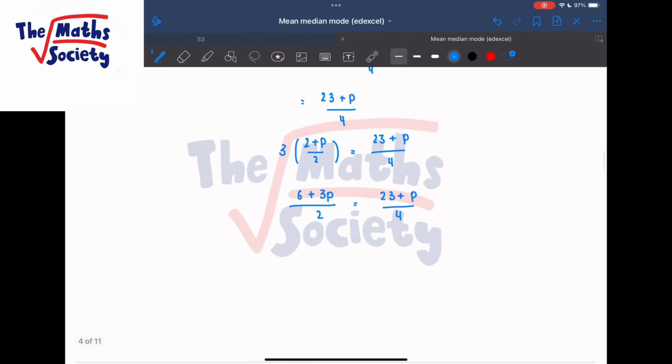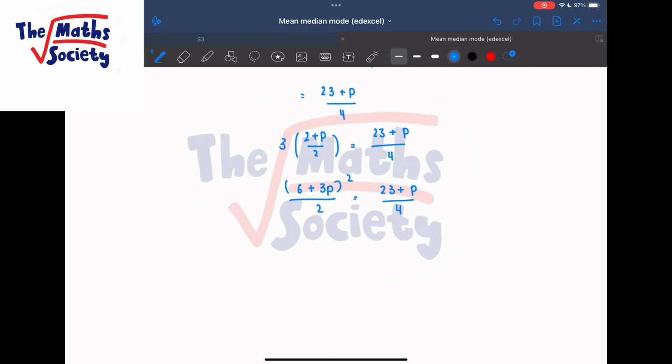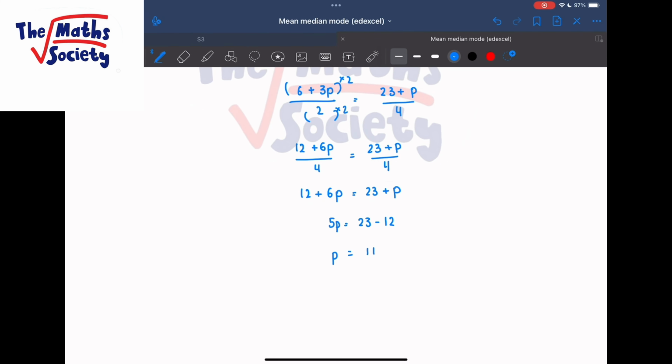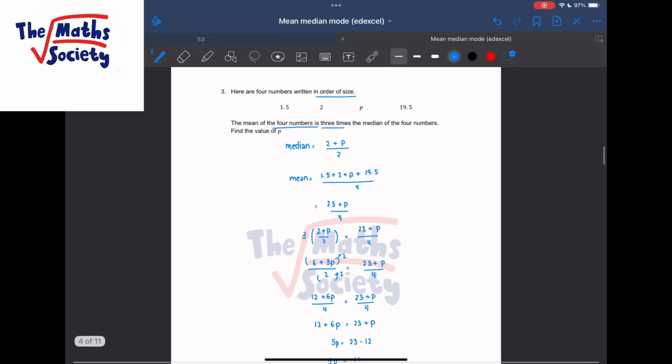To make it equal, we multiply by 2, so you will have 12 plus 6P by 4 equals 23 plus P by 4, which gives 12 plus 6P equals 23 plus P. So then 5P equals 23 minus 12, which is 11. So 5P is equal to 11. P will be equal to 11 by 5, which is 2.2. And this one has to be 2.2.